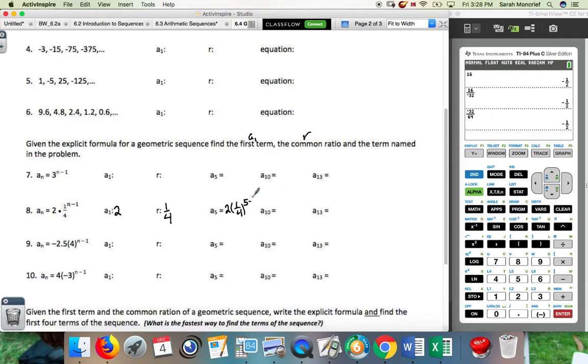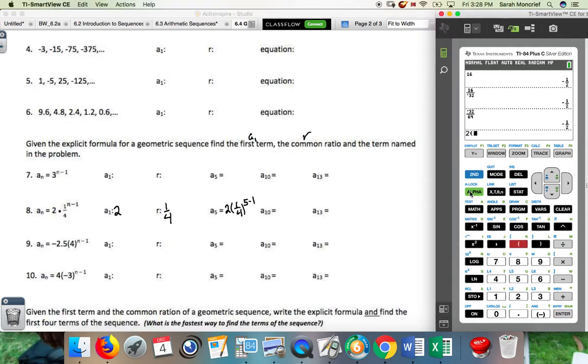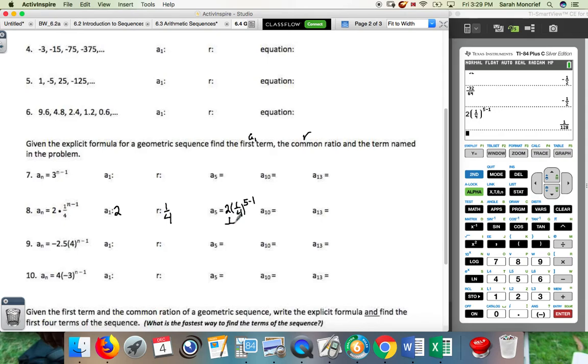Now let's plug that into our calculator. 2 times 1/4, and then caret to the 5 minus 1. And what do I get? 1/128. So a sub 5 is equal to 1/128.